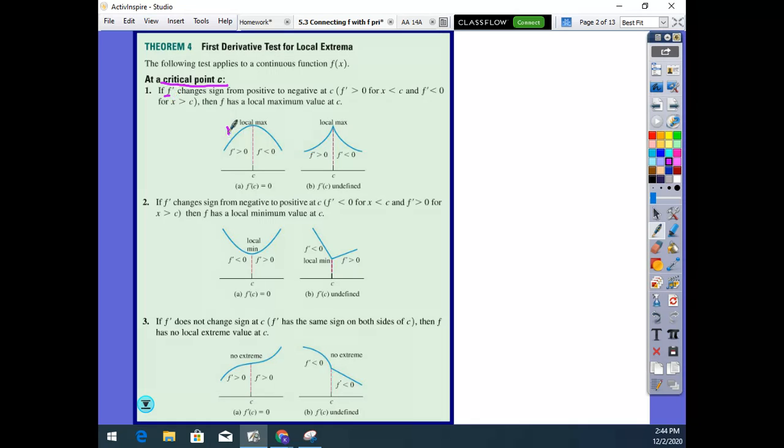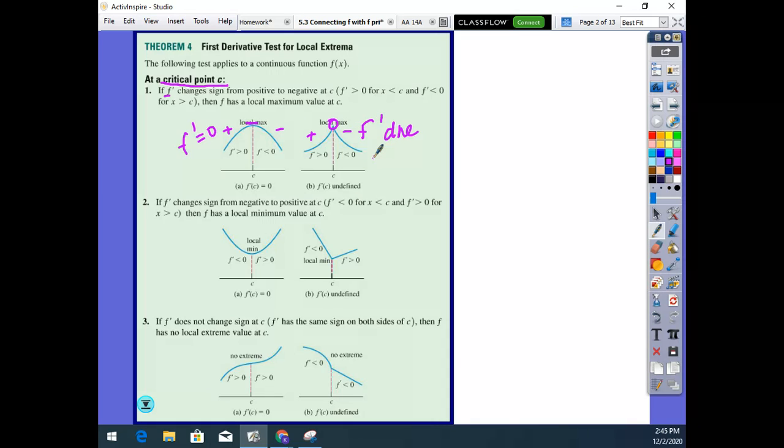If it changes from positive to negative, increasing, decreasing, you can have a local max if it goes from positive to negative, either at a zero slope or where it does not exist. F prime equals 0, F prime does not exist. So if F prime changes from positive, where F is increasing, to negative, F decreasing, that's a max.